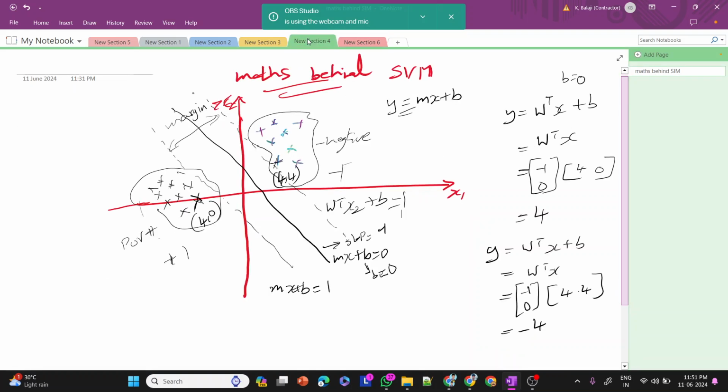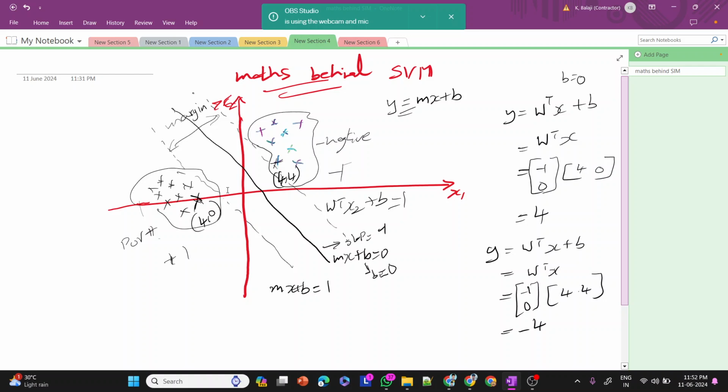Like this, the SVM will apply the technique to each of the points and find whether this point refers to the positive group or the negative group.